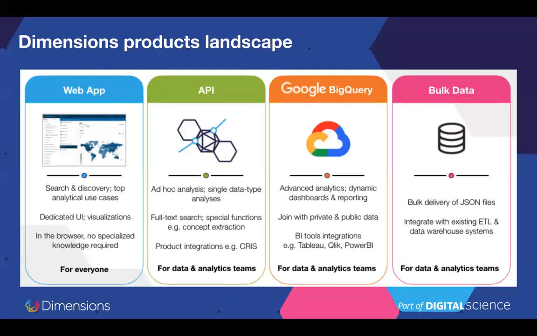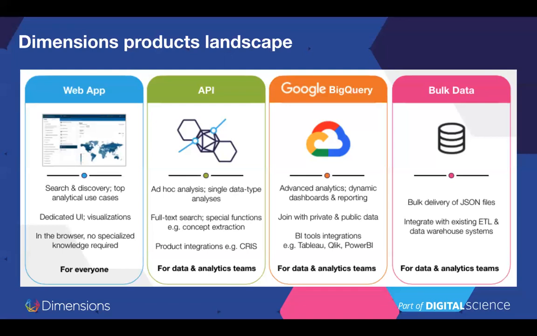And so that's the reason why we also offer access to the raw data behind Dimensions in different formats, because you may have some ad hoc way of accessing the data or making use of them in order to address your specific use case that the web app, the user interface, doesn't support. And so you want to get to the raw data, to the data themselves, so that you can build your own solution on top of it.